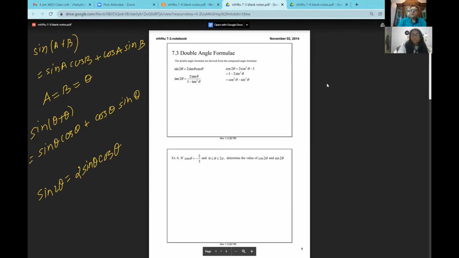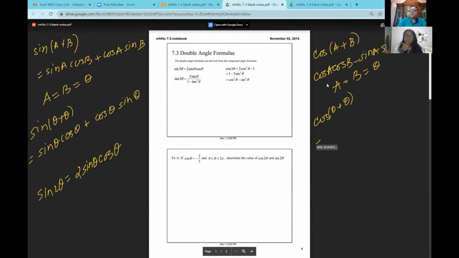Similarly, you can write cos of A plus B equals cos A cos B minus sine A sine B. Now, substituting A equals B equals theta, we could write this as cos of theta plus theta equals cos theta cos theta minus sine theta sine theta, correct?